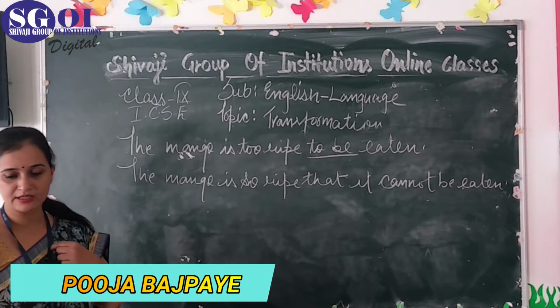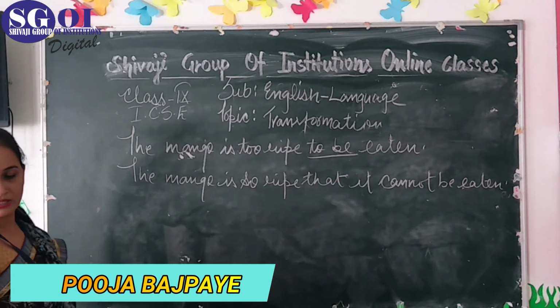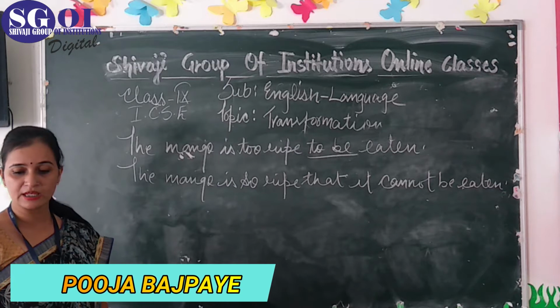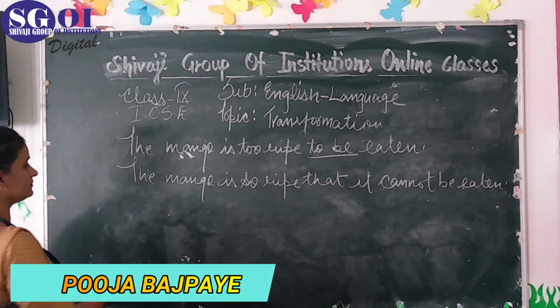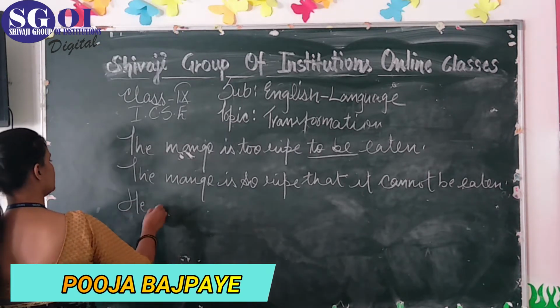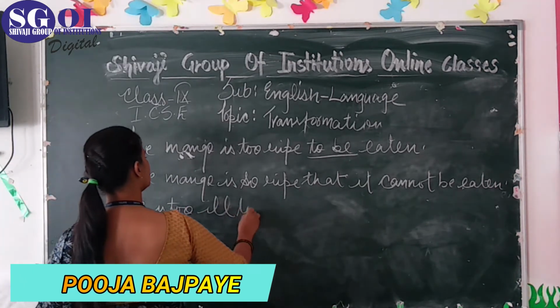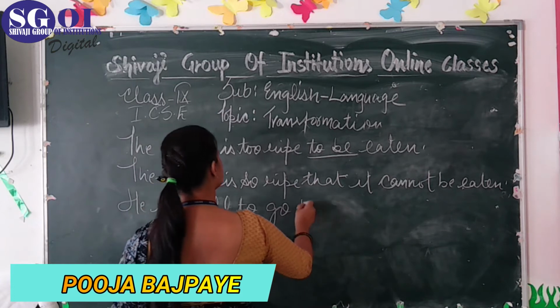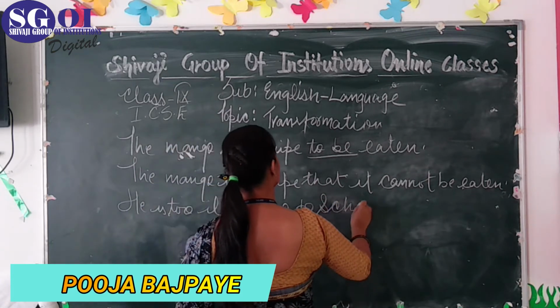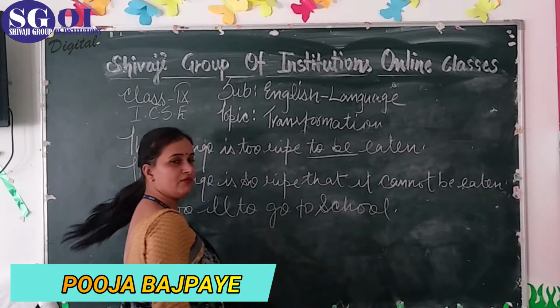Now the next sentence. He is too ill to go to school. So how will you change it?